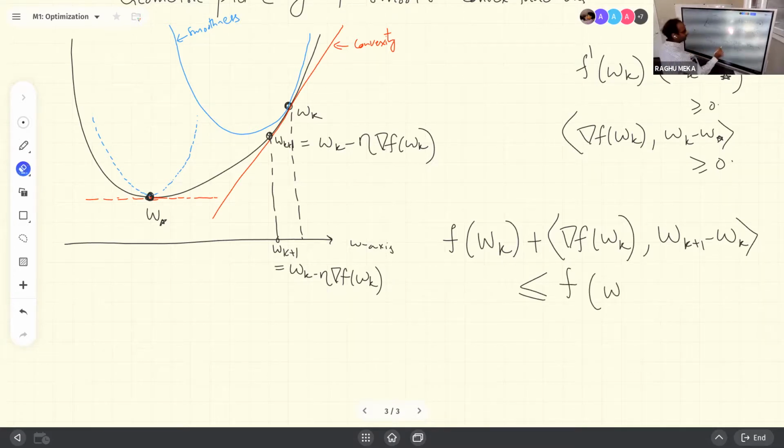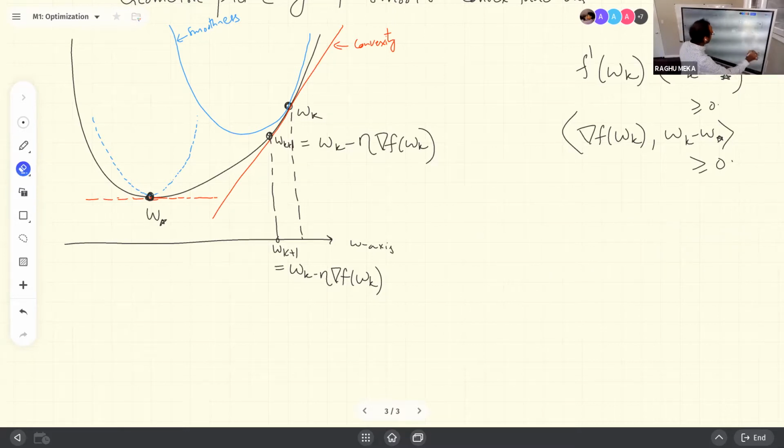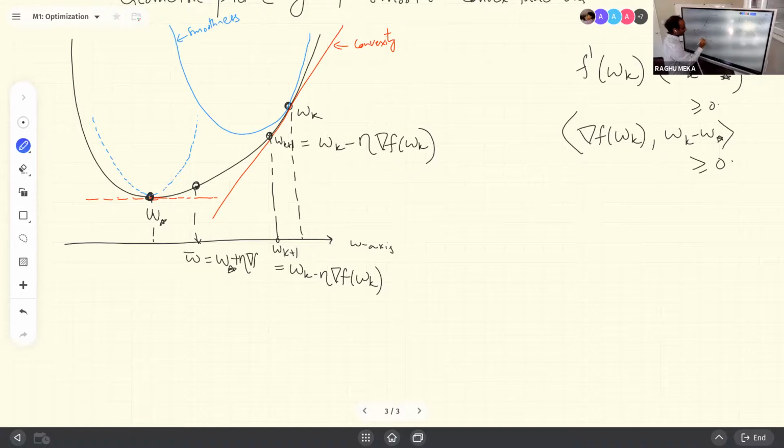Hold on, actually, let me not do that yet. So for the proof, we won't exactly look at this Wk plus 1, but we'll look at a slightly different, or potentially different point, which is, let me call this w bar, which is w star plus eta times gradient of wk.